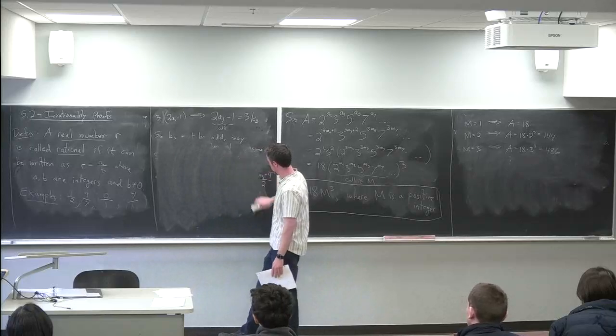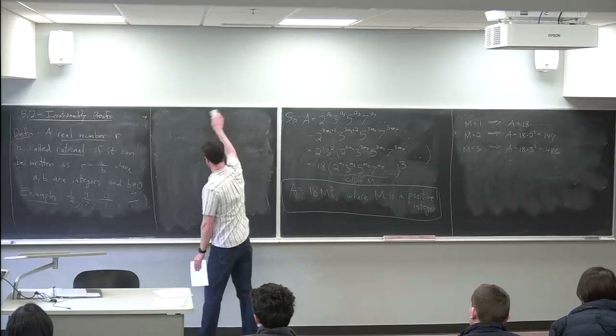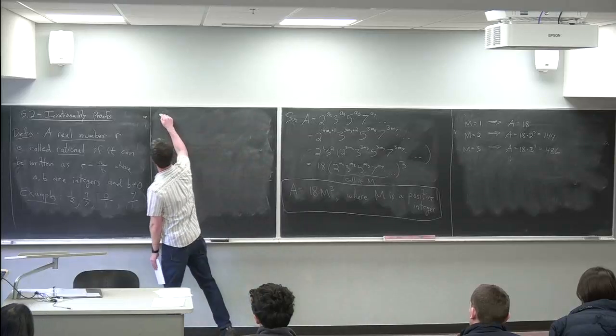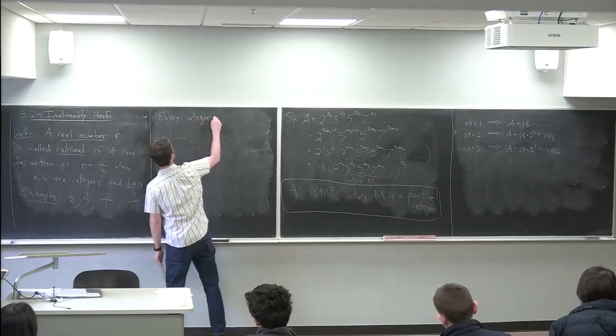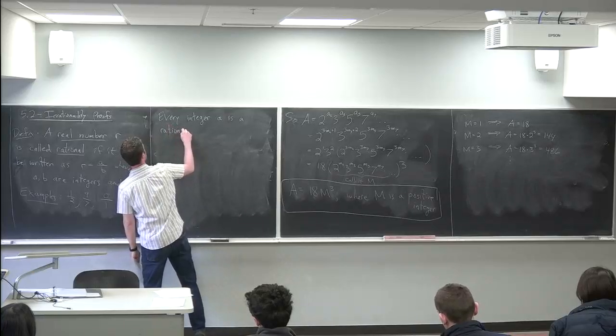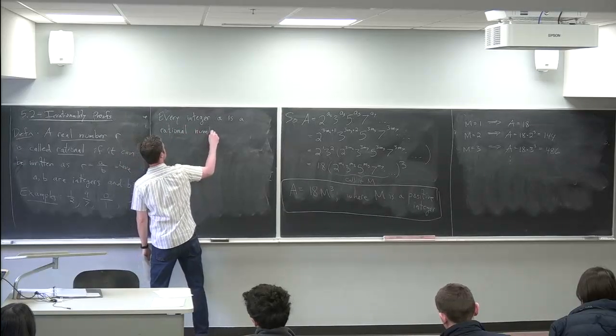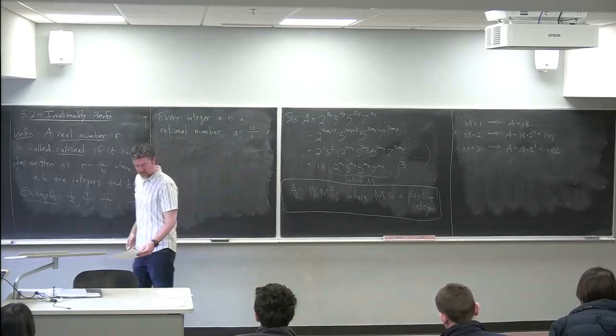Those last 2 examples are notable because they are integers. So let me point this fact out: every integer is a rational number. So you can write it like that.